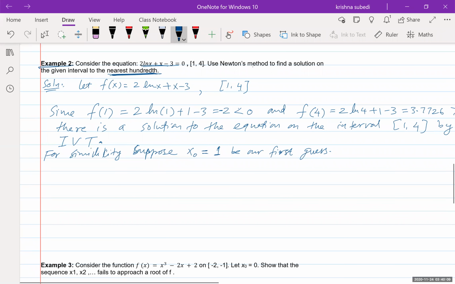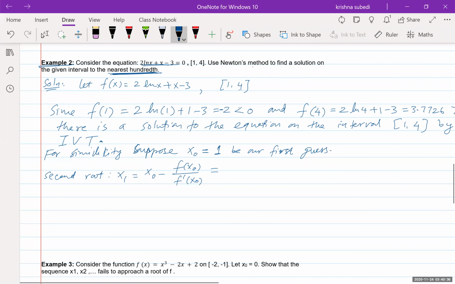Now let's find the second guess, or second root, which is given by x1. The formula, we already know, is x1 equals x naught minus f of x naught over f prime of x naught. I'll do this for you, and then you complete the other one for me.